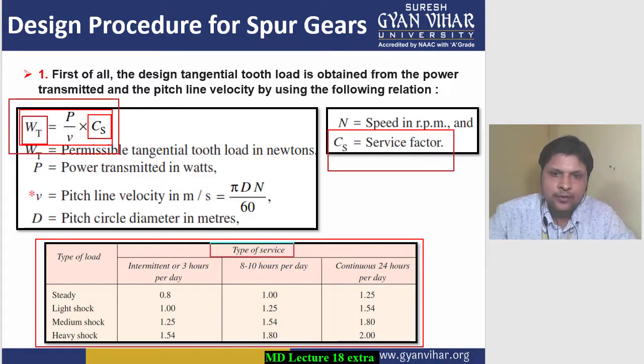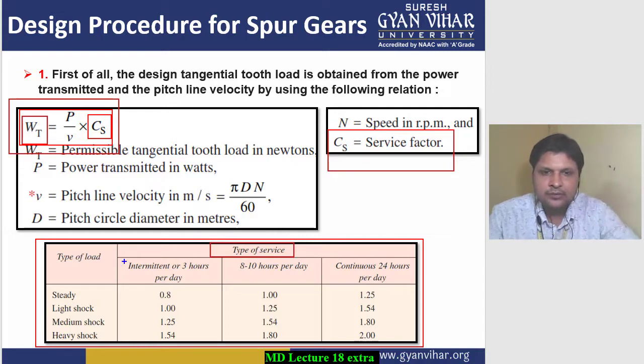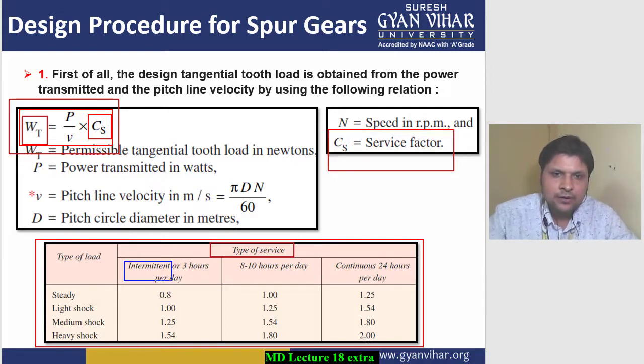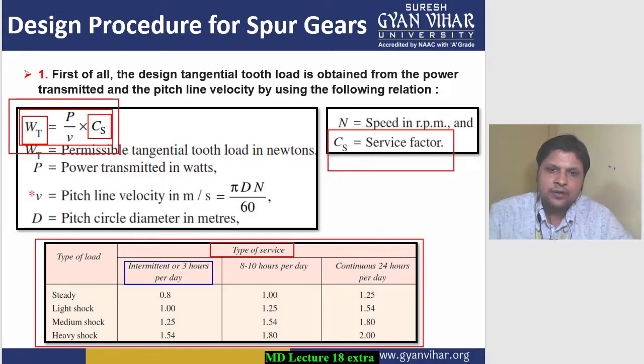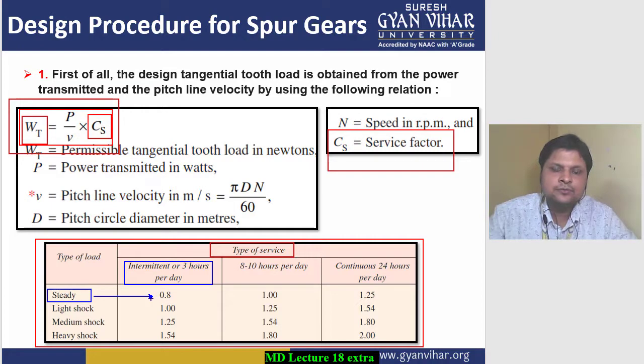When the service hours are intermittent, or 3 hours per day, and the load is steady, that is, if the gear is working for 3 hours per day and the load acting is a steady load, in that case we take the value of CS as 0.8.